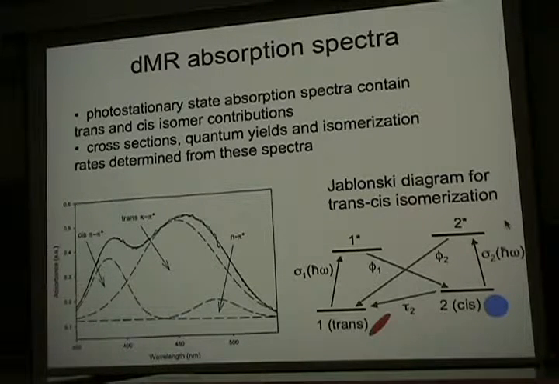So the goal of these solution studies was to characterize the photochemical quantities that would give rise to this kind of spectrum. These are things like cross-sections for the cis and trans absorption of the molecule, quantum yields for production of cis and trans ground states from excited states of the molecule, and the thermal decay constant.